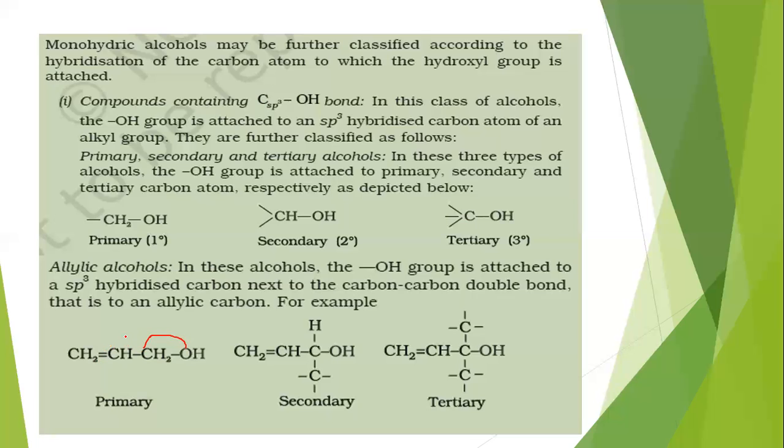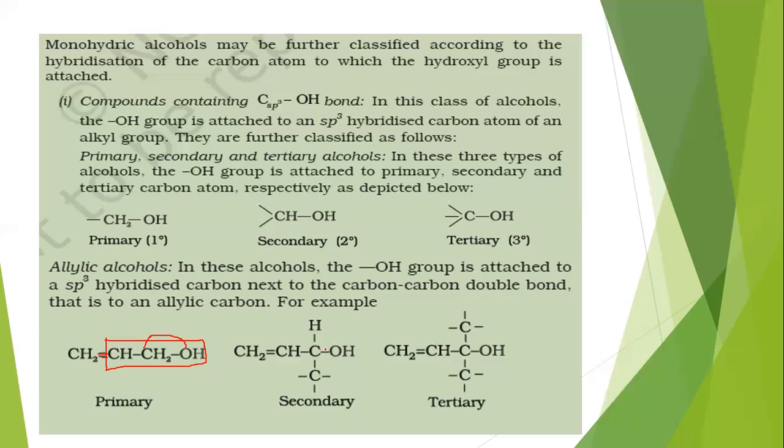So this carbon is bonded to an allylic carbon. Allylic carbon means that carbon having a carbon-carbon double bond. So this carbon-carbon double bond. So such type of alcohols are called allylic alcohols. These are called allylic alcohols.